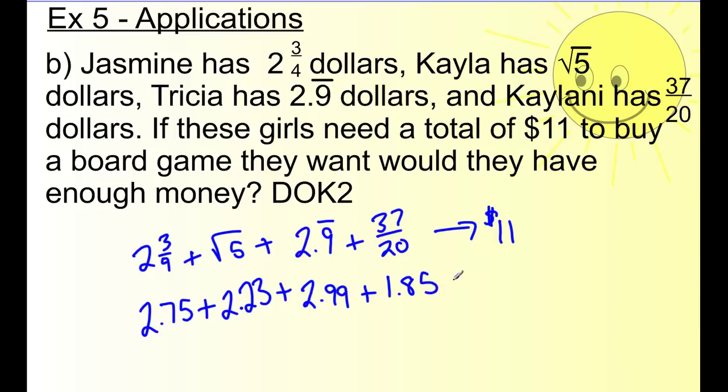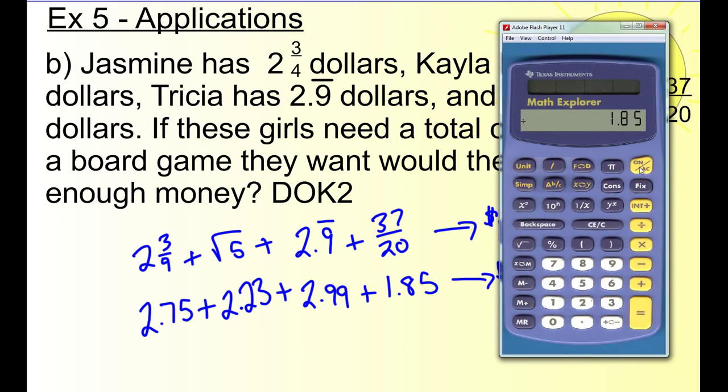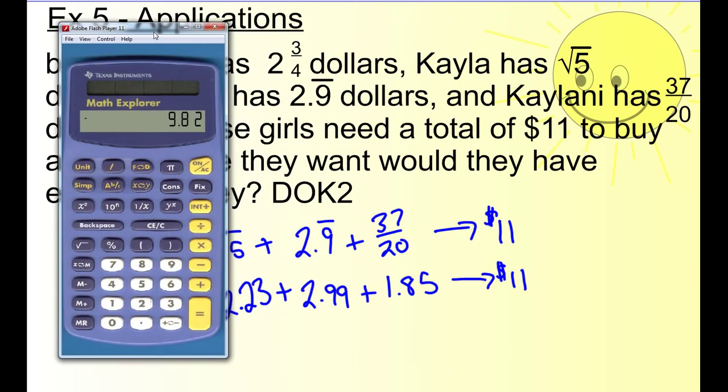And we want to know, with all this money, can we buy this board game that costs $11? Well, let's see. Since we're already using our calculator, might as well finish up using the calculator. So we've got 2.75 plus 2.23 plus 2.99 plus 1.85 equals... Nope. They only have just almost $10.